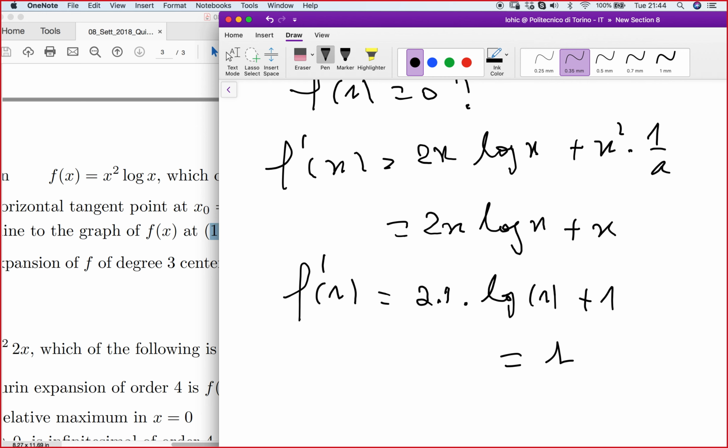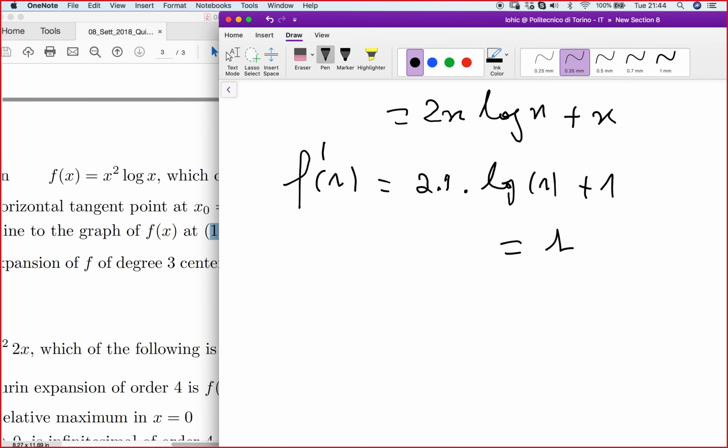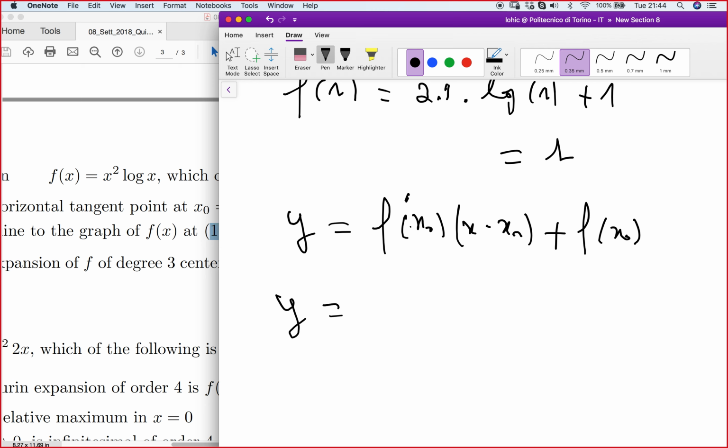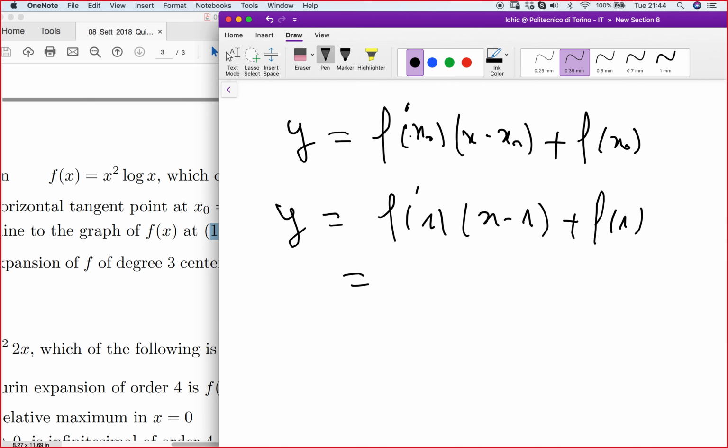We remember that the formula for the equation of the tangent line is y equal to f prime of x0 multiplied by x minus x0, plus f of x0. So we will have y equal to f prime of 1 multiplied by x minus 1, plus f of 1. Here f prime of 1 was 1.